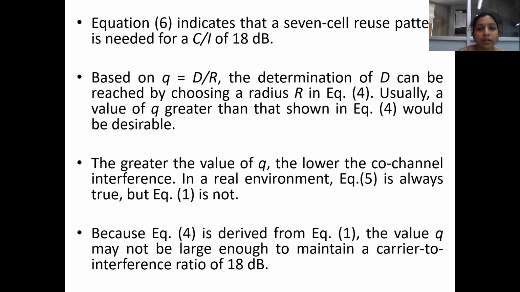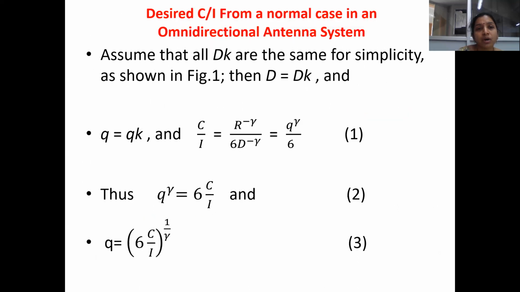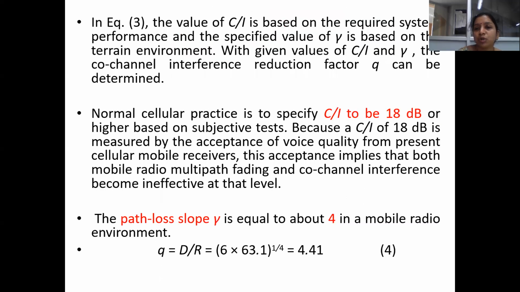We call this the normal case because we are considering all the co-channel cells at the same distance and the antenna as an omnidirectional antenna system, radiating in all 360 degrees. For that case we are finding the desired C by I. From the survey we know it should be 18 dB or greater, and we are taking that value into account.